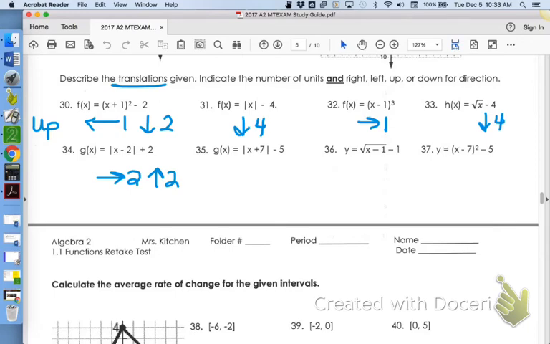This one is going to the left 7, and down 5. This one is going to the right 1 and down 1. And finally, the last one is going to the right 7 and down 5.